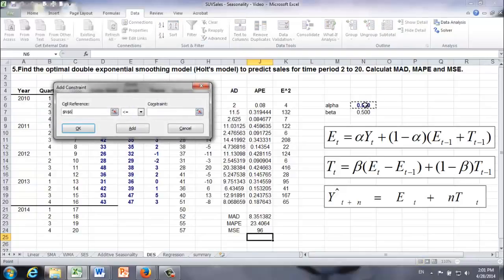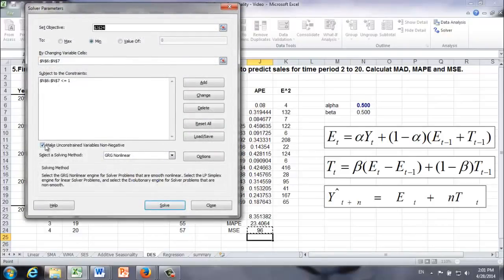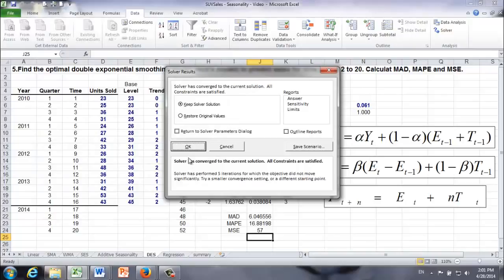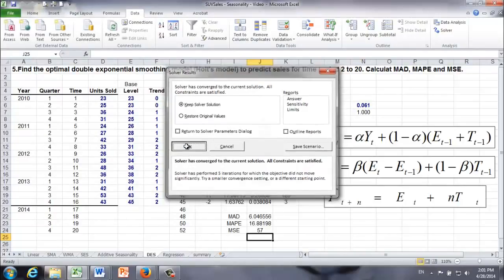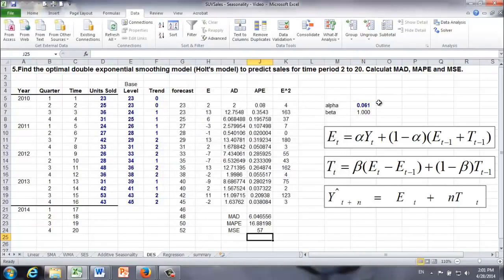Constraints: alpha and beta are between 0 and 1. And check this box: make unconstrained variables non-negative. Now we're ready. Selecting the GRG Nonlinear method and then Solve. Keep Solver solution. Here's what we find. The optimal alpha value is 0.061 and the optimal beta is 1. As a result, the minimal MSE value is 57.